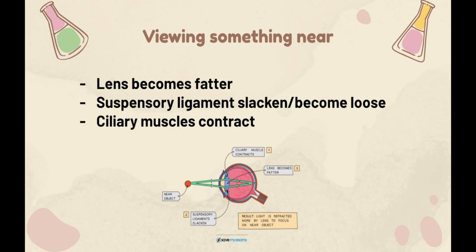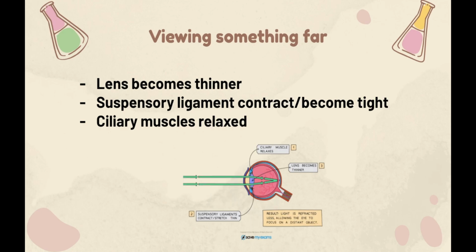So you can see the suspensory ligaments in this case don't have to do anything. The ciliary muscles are the ones that have to contract to push in the lens and make it fat, make it thicker. So that is how I remember it, and that's what I use. Or you can, of course, look at the diagram and try to understand that way, whatever works for you.